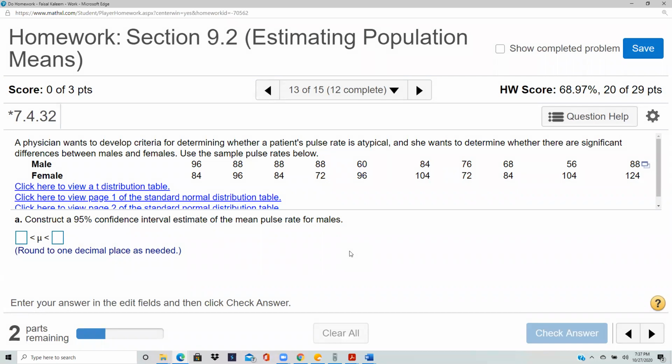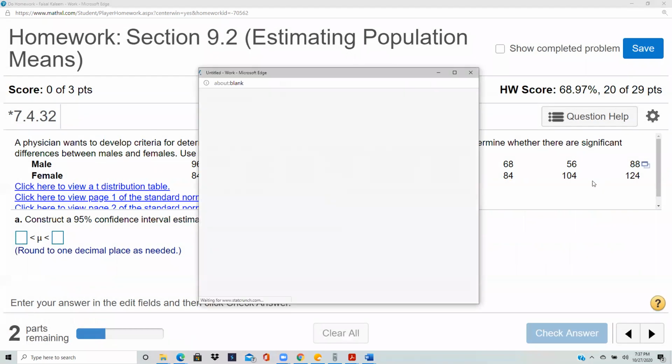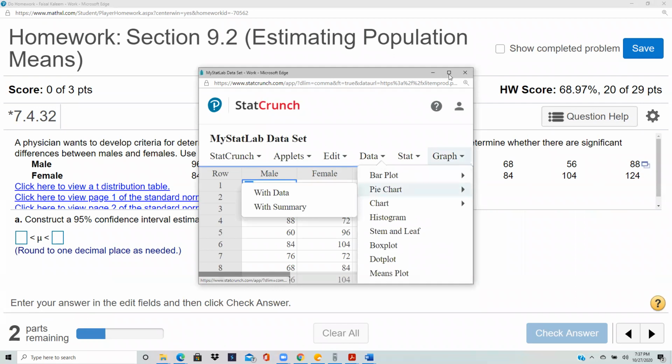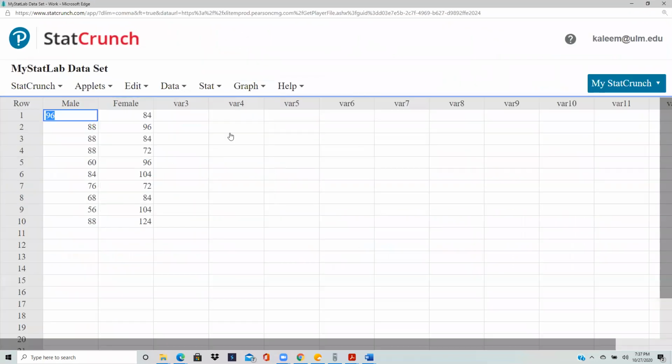Okay, so same here. Let's construct the confidence interval. Oh, okay, these are two problems here, so let's go back.